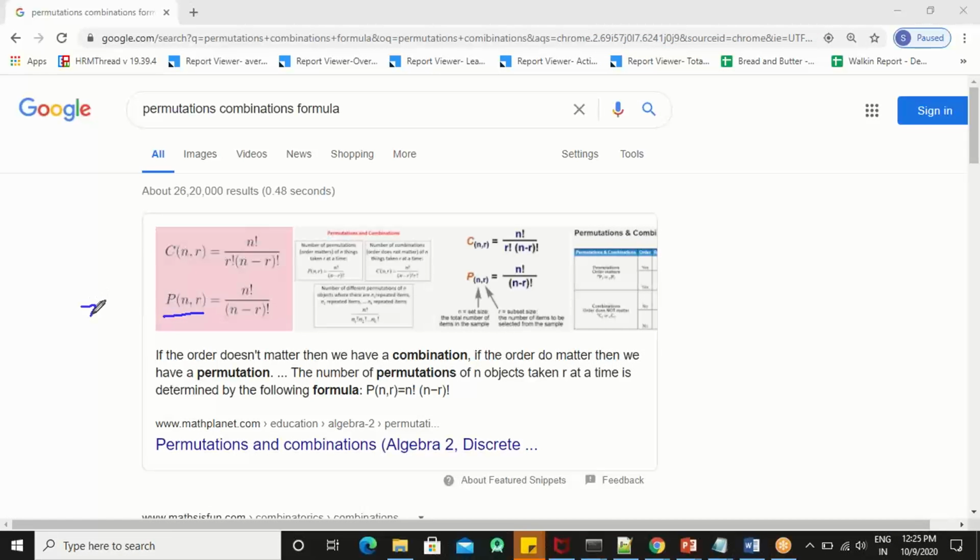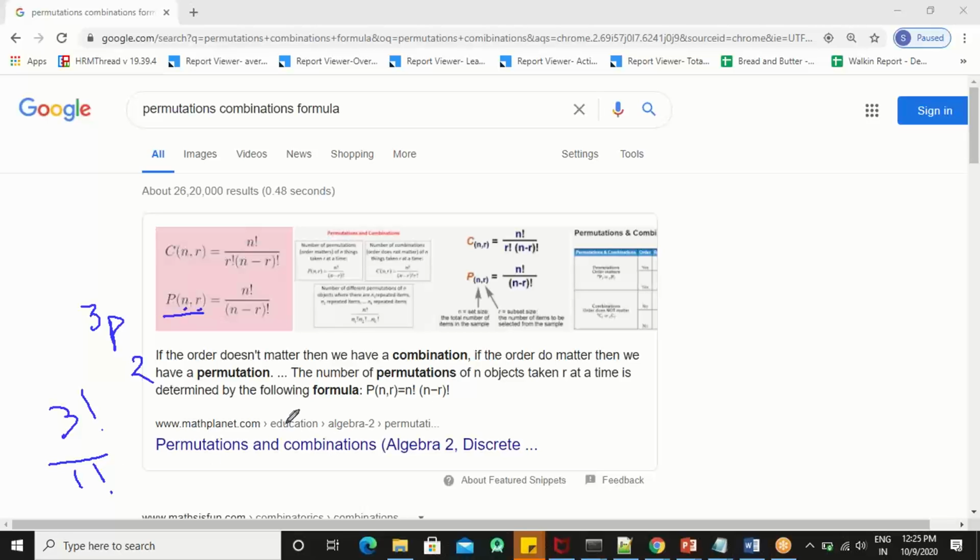So if you see, guys, permutation, like if I say 3P2, here 3 is n and 2 is r. So the formula is n factorial upon (n minus r) factorial, as a few of you are telling me, which is 3 factorial upon (3 minus 2), which is 1 factorial.